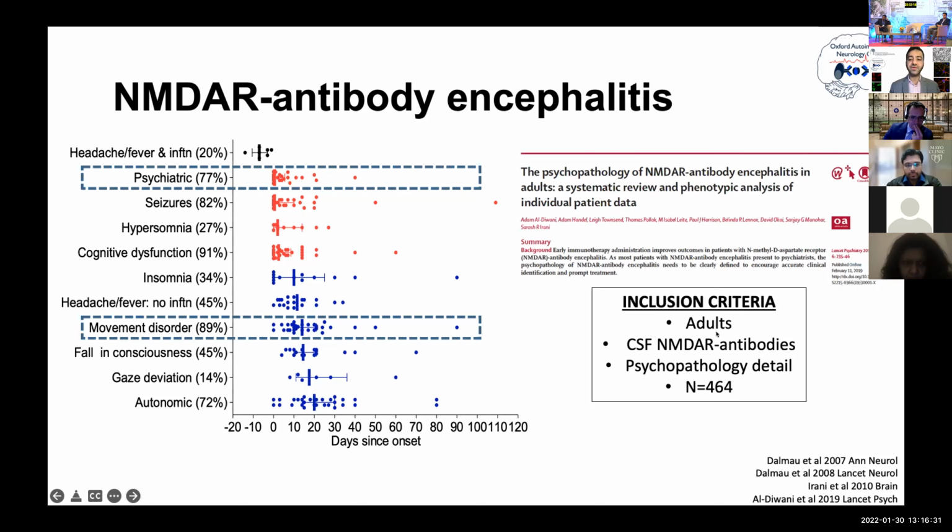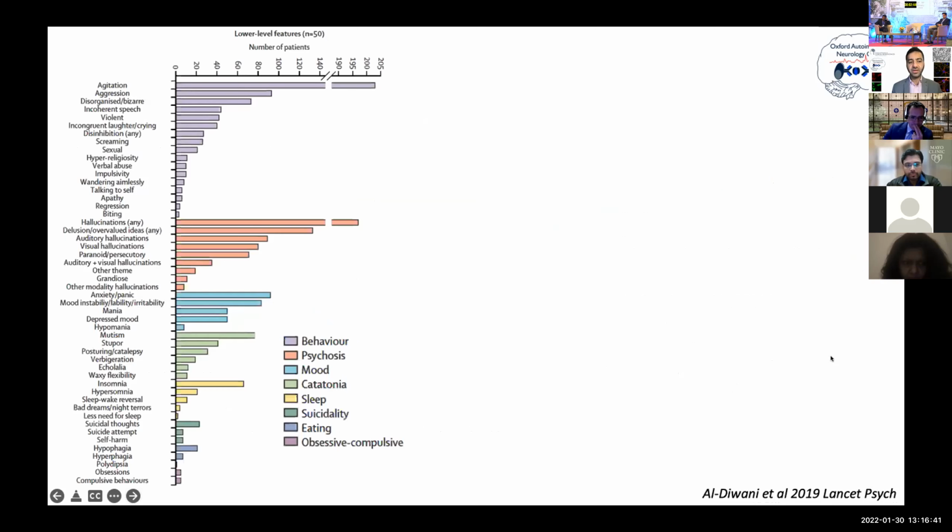So he went and reviewed adults with CSF NMDA receptor antibodies who had sufficient psychopathological detail in the reports, and we got to a really good number of patients. And this is what we saw. We had a tick box exercise, essentially a questionnaire incorporating a number of features one would routinely elicit in a psychiatric interview. And you see that the patients had features which span all these disorders, all these symptoms.